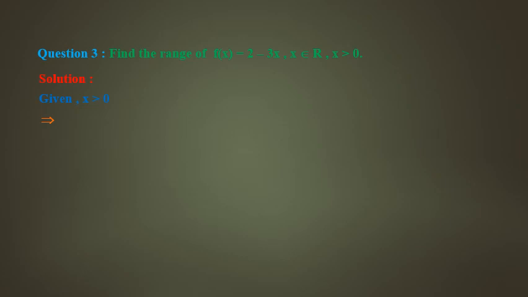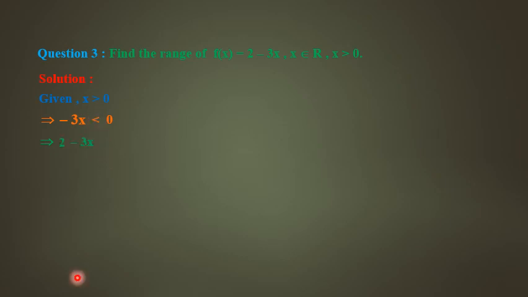Given that x is positive, obviously then we can say minus 3x is negative, because x positive means it is negative. Or else you can say simply, if you multiply minus 3 on both sides, this becomes minus 3x, and greater than becomes less than. Take care of this, okay?